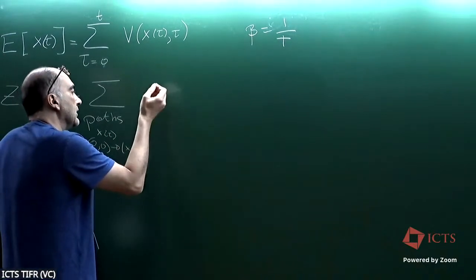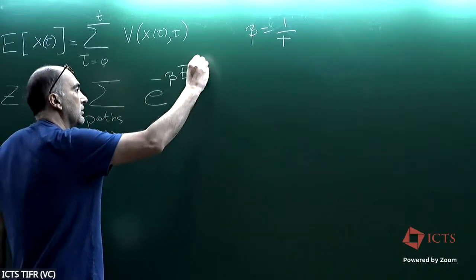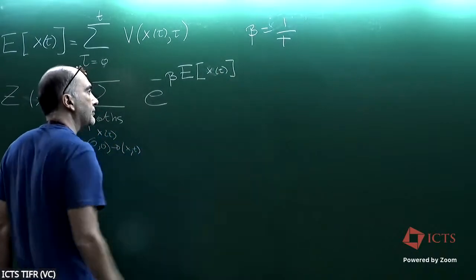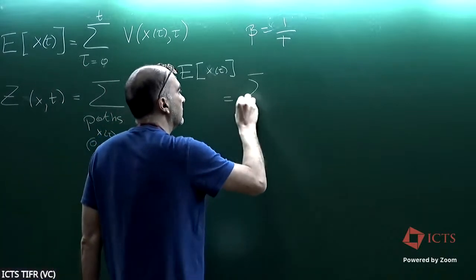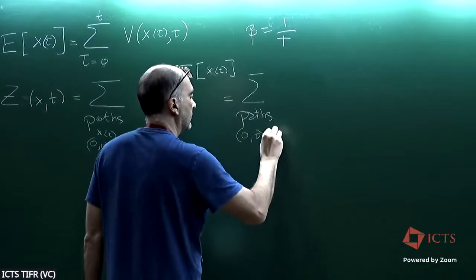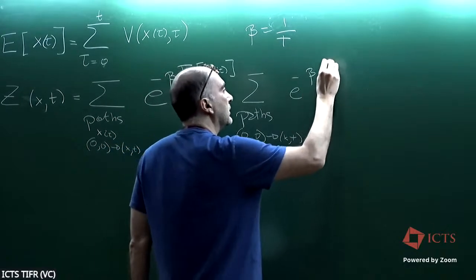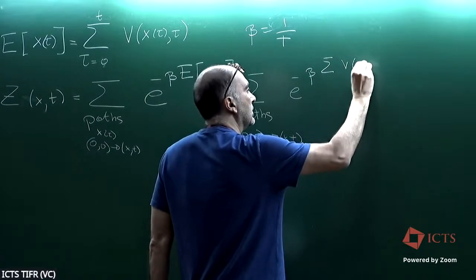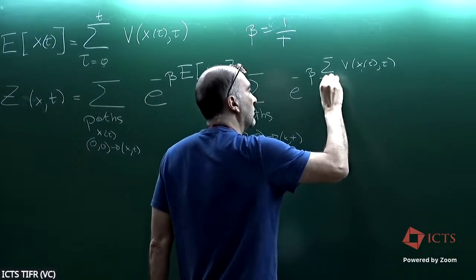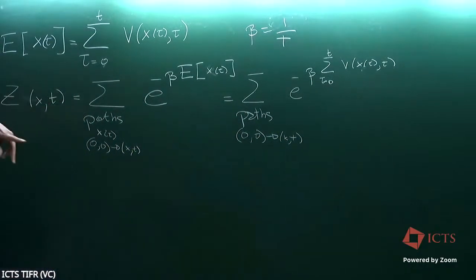And then you will have exponential of minus beta times the energy of this path, which is exponential of minus beta sum of v of x tau, tau, with tau from 0 to t, and then you have to impose the boundary on the path.